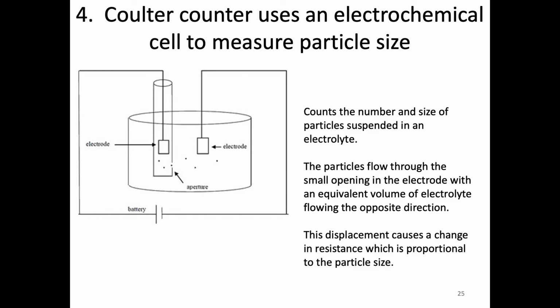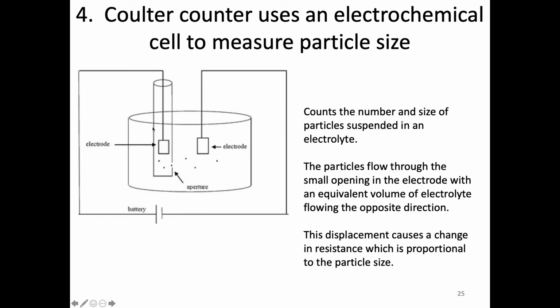In this case, we measure particle size in an electrochemical cell. Basically, we have two electrodes. Our system has an electrode inside this vial, and another electrode in this solution out here.